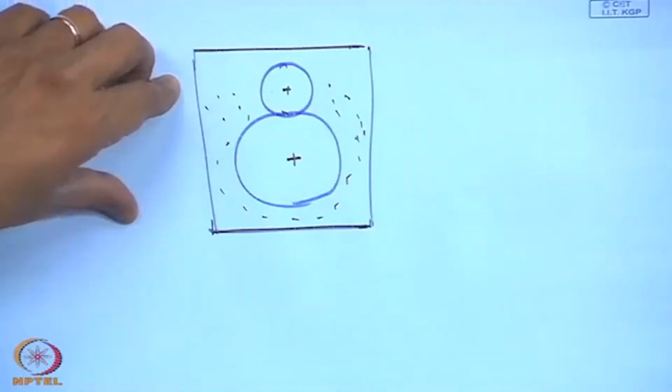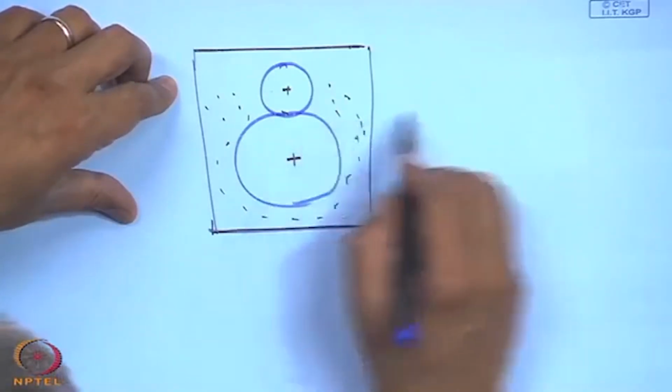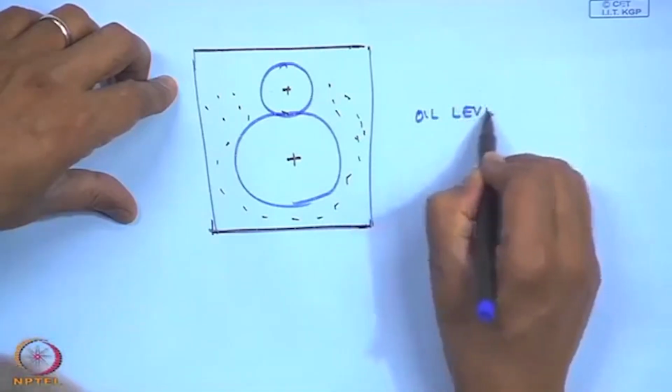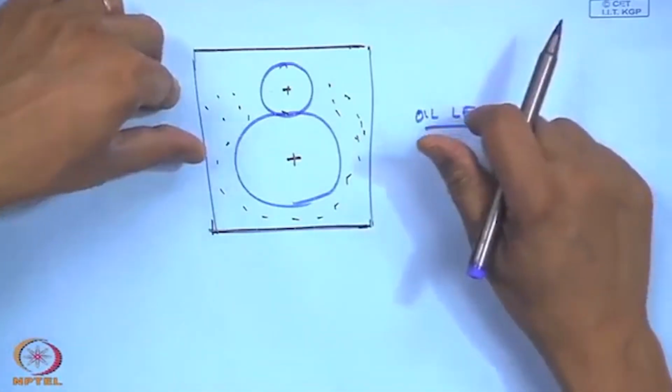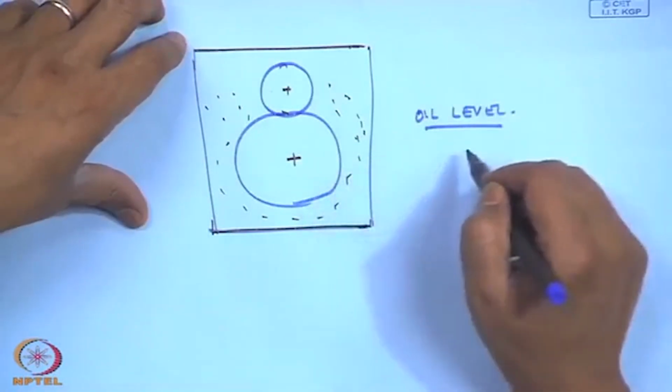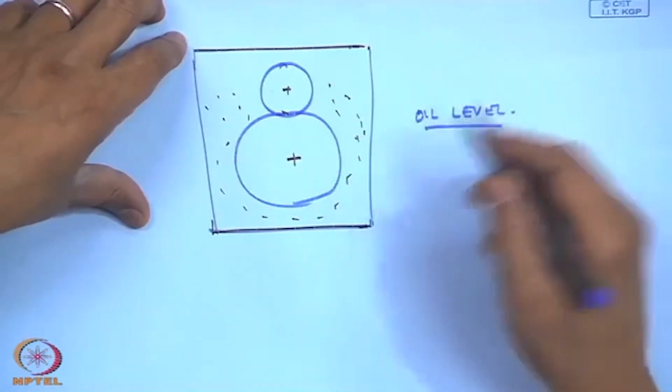And many times there is a minimum oil level which has to be maintained. And in industries, there could be mistakes and people do not have the entire oil. Of course, in automobiles, we have that transmission oil which is almost there.